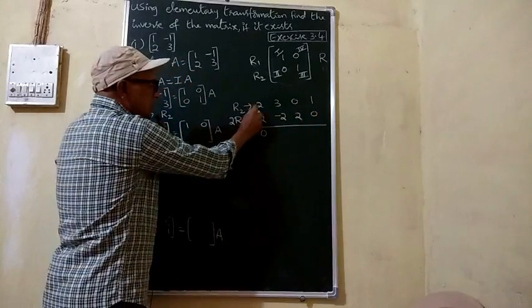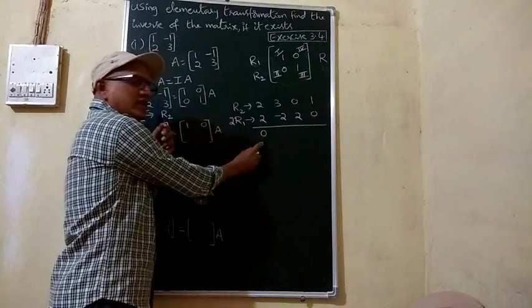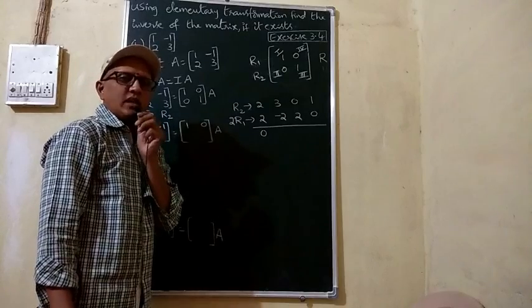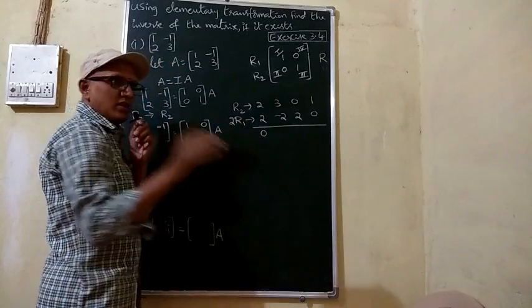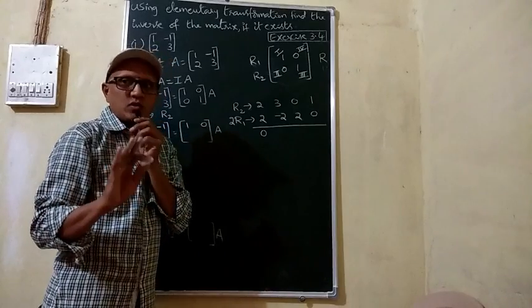Okay, 2, 2, 0. What do we have to do to get 0 here? Subtract. If you subtract, we get 0, right? Subtraction means we have to change the signs compulsorily. Whenever we subtract, we have to change the signs.